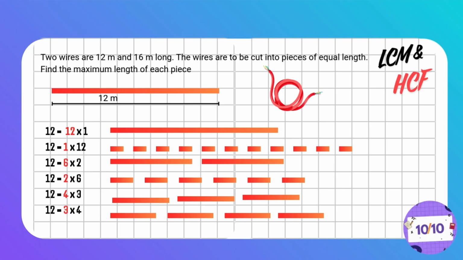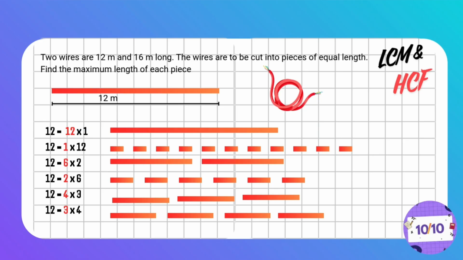We have 1 and 12, then 2 because it's an even number, then 4, since 12 is divisible by 4, and also 3 and 6.